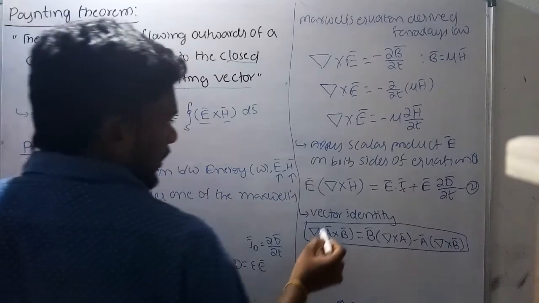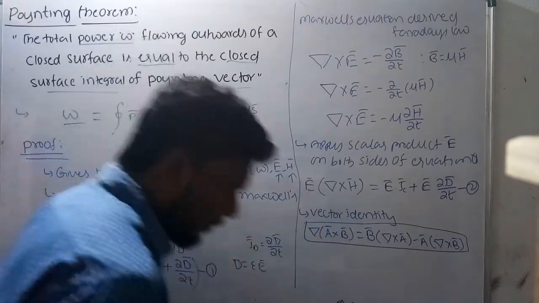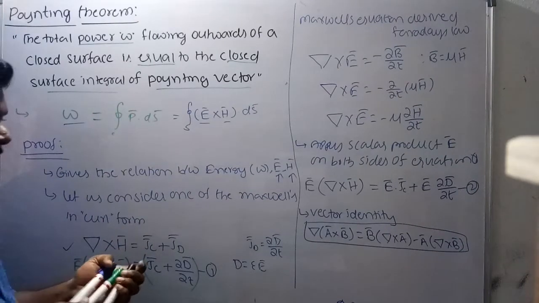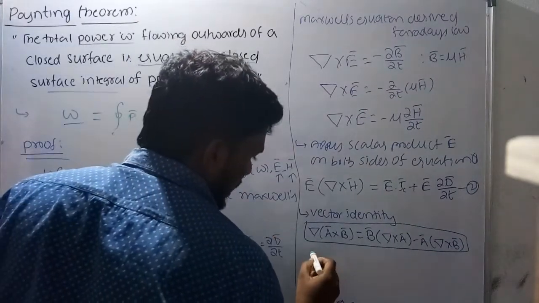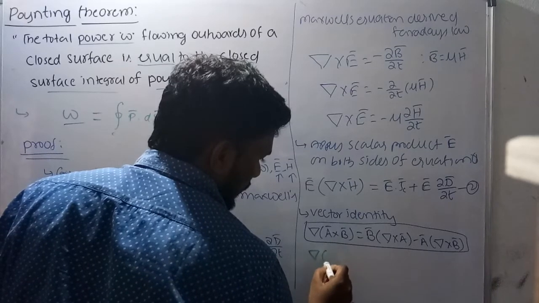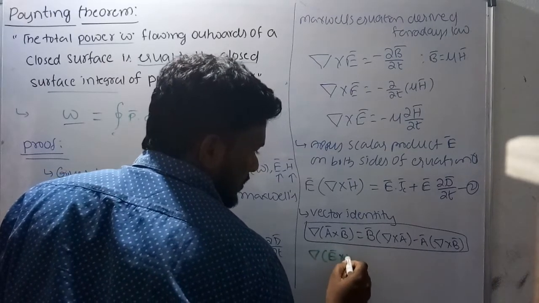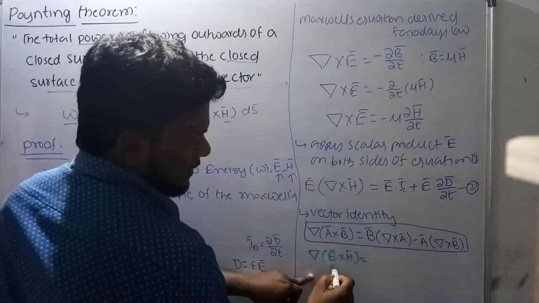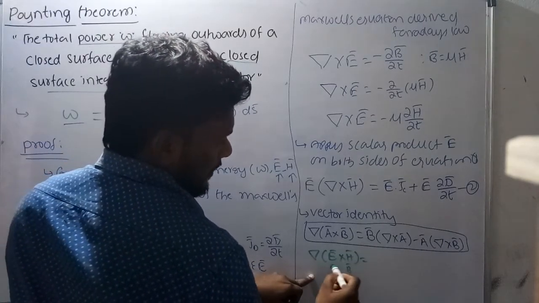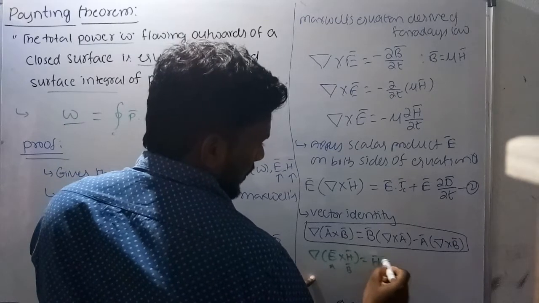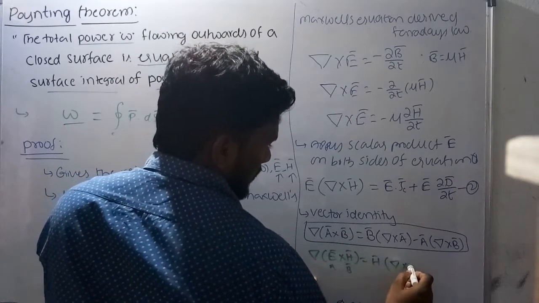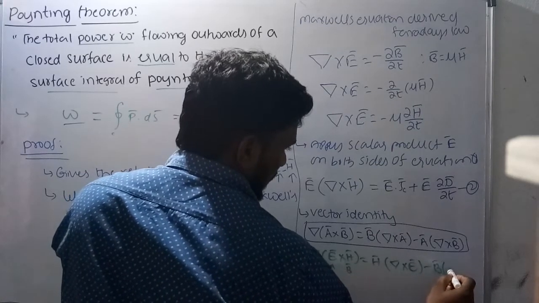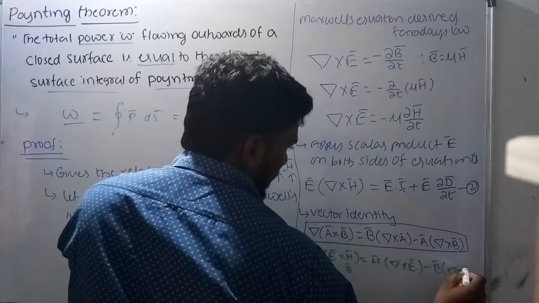If you apply the curl product between E bar and H bar, you will get del dot of E bar cross H bar equals, if you consider E bar as A and H bar as B, then H bar dot del cross E bar minus E bar dot del cross H bar, like this.